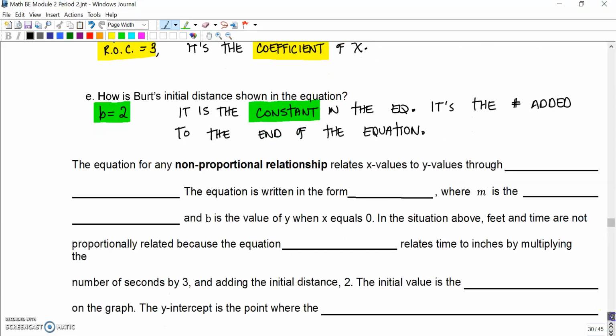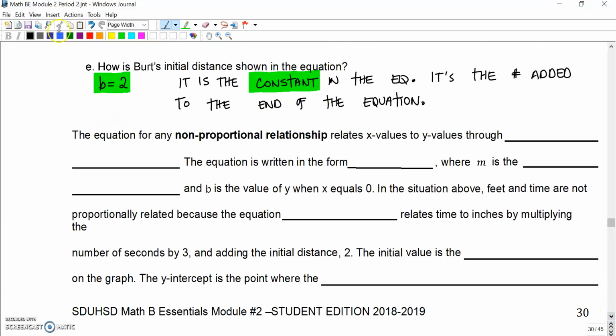I'm going to go down, though, if you're ready for the paragraph below, which states, to summarize this example, the equation for any non-proportional relationship relates x values to y values through multiplication and addition.